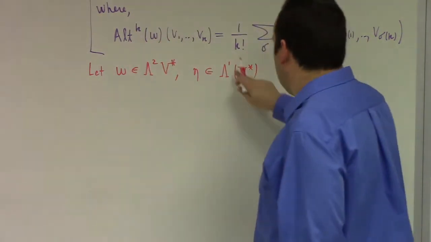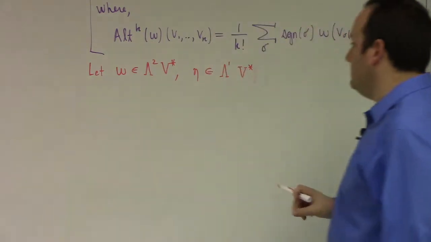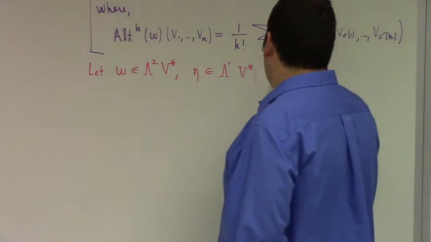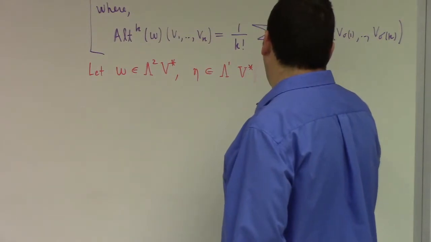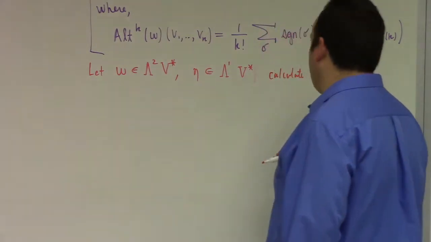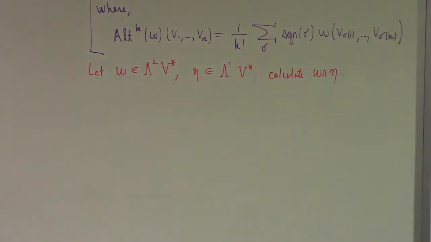So we want to calculate omega wedge eta, right? I want to understand what that looks like in terms of tensor products of omega and eta.